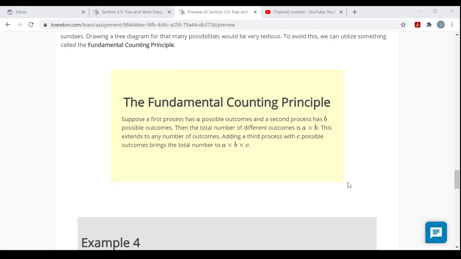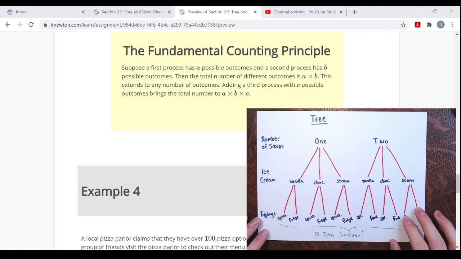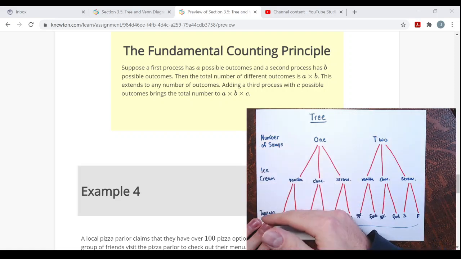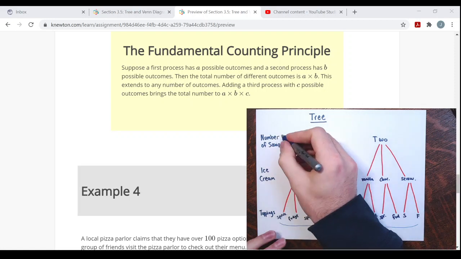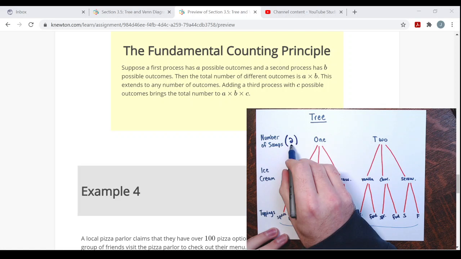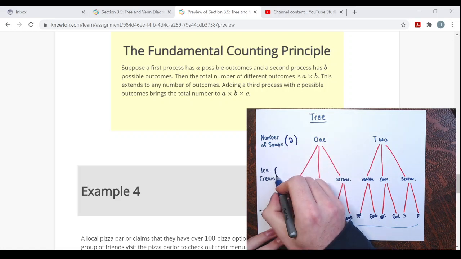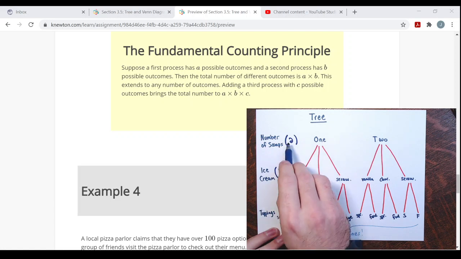All right, so look back at that tree diagram I made, right here. See, there were 3 processes. Remember, there were 2 choices of scoops of ice cream, you could get 1 or 2.